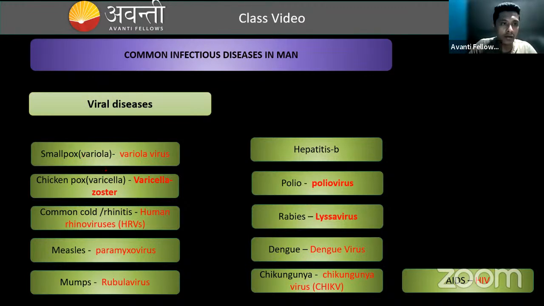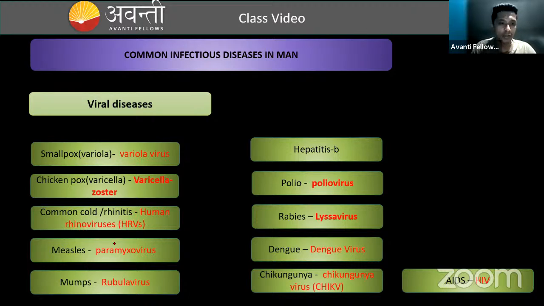Smallpox is also called variola, and the causative agent is the variola virus. Chickenpox is varicella, and the varicella zoster virus is the causative agent. Common cold is also called rhinitis, and human rhinoviruses, or HRVs, are responsible.